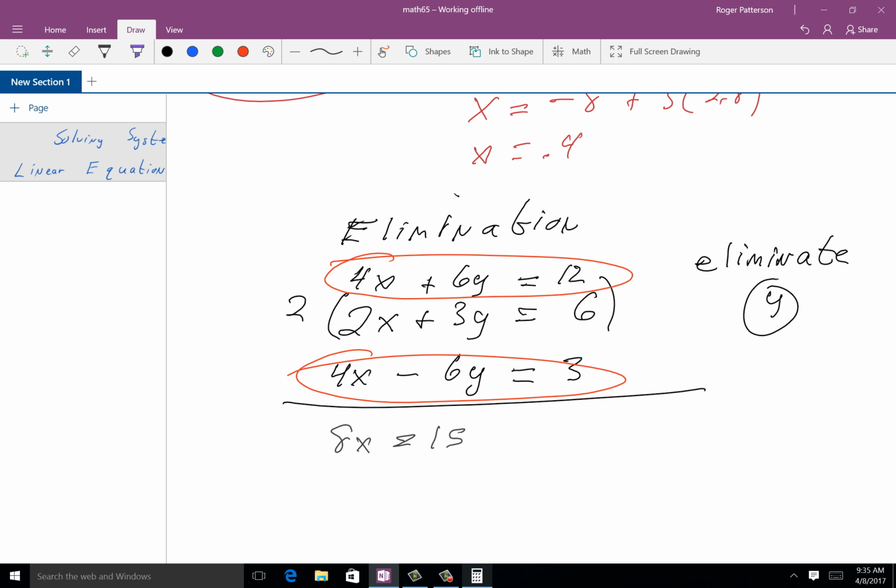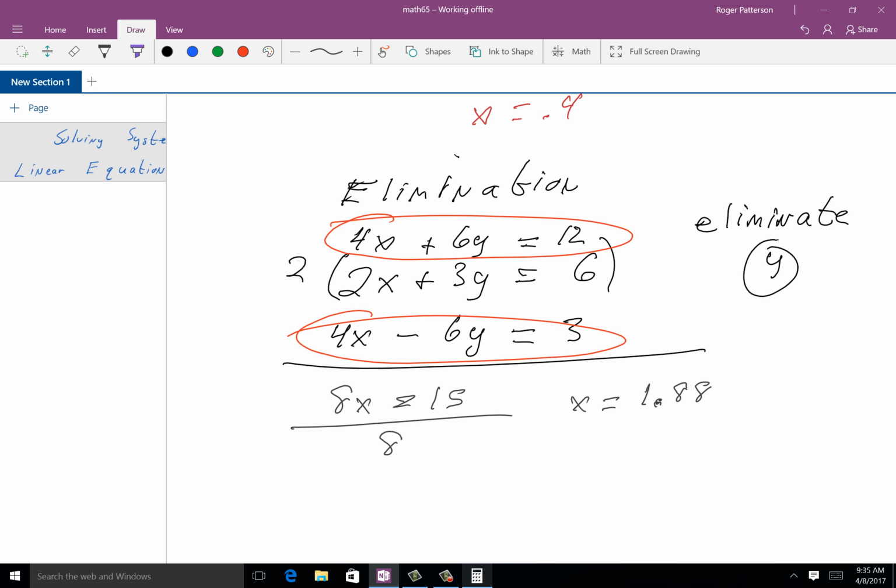So I add the equations. Now look, I can divide by 8. I get 1 point, let's see, 875 I think it is. I'm just going to round it to 1.88. And now I know what x is.